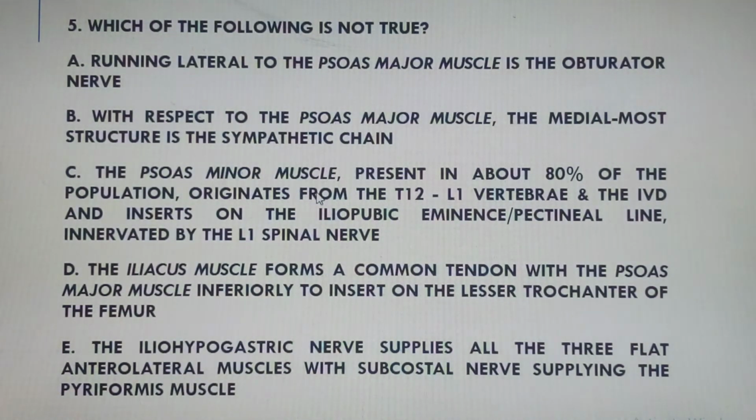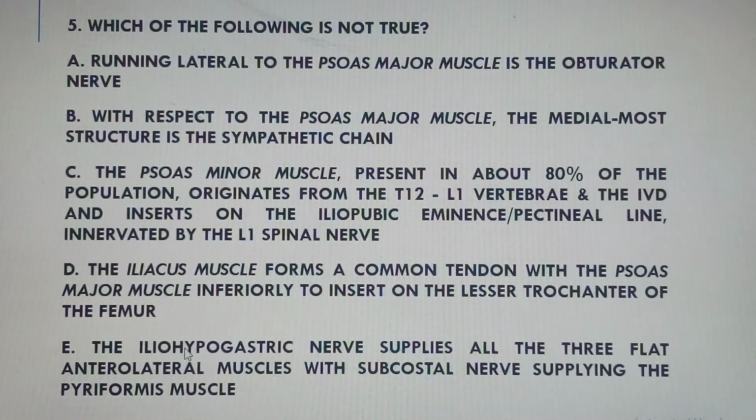Psoas minor originates from the bodies only, no transverse process, because that one is a bit superficial. Now option D says the iliacus muscle forms a common tendon with the psoas major muscle inferiorly to insert on the lesser trochanter of the femur. Yes, that's a very true statement.